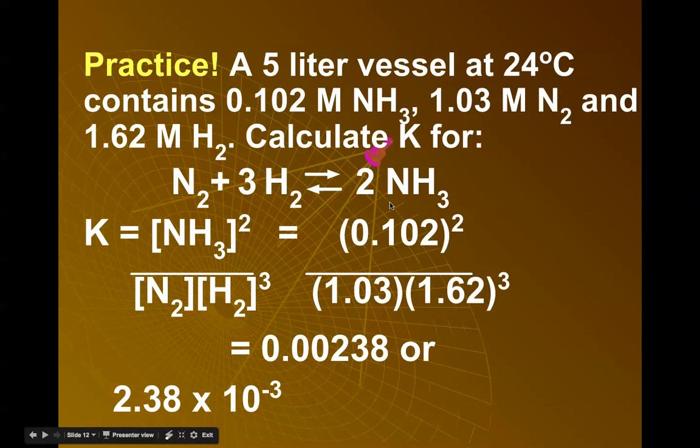Since we have a low K value, definitely less than 1, it means we have a lot more reactants than products. Under these conditions, this temperature, etc., we don't have a very big presence of NH3. It's mostly this stuff, not much here. If you had a large number, like 10, it would mean the opposite. We have much more product.